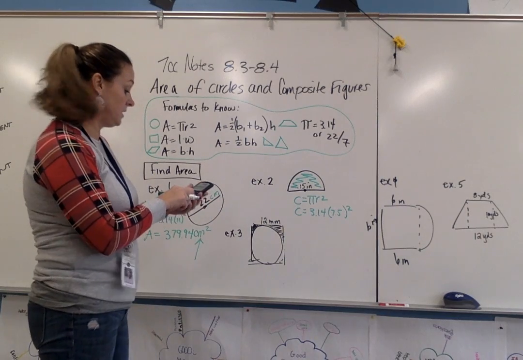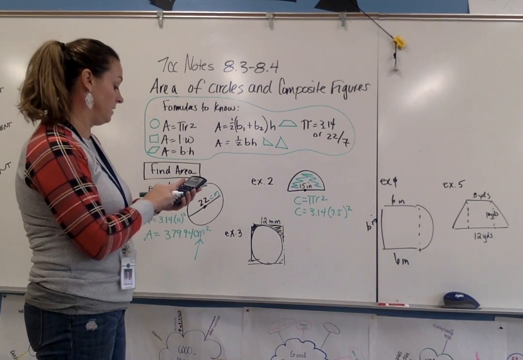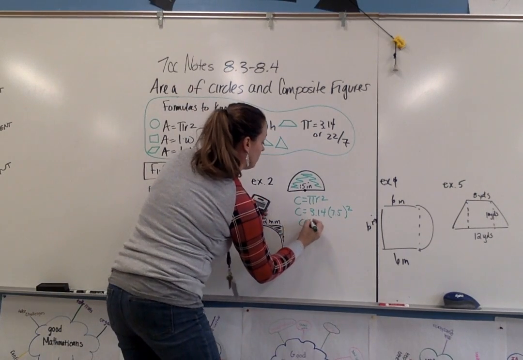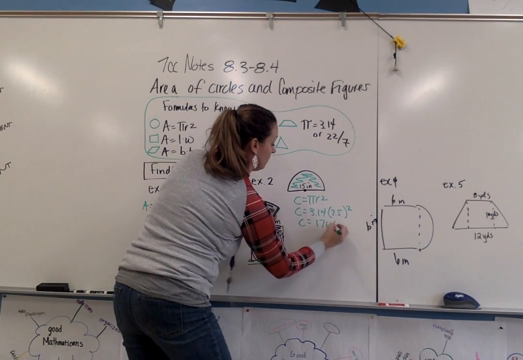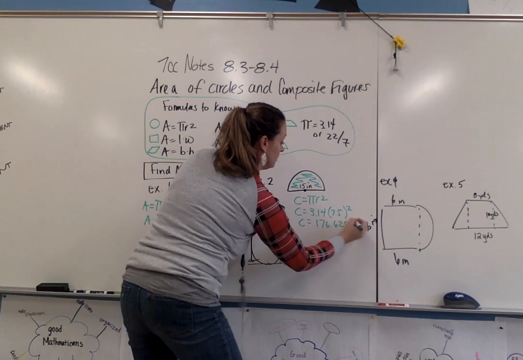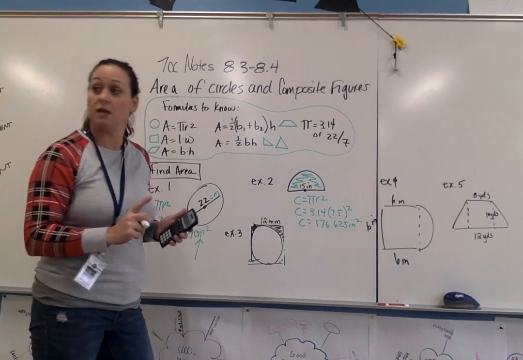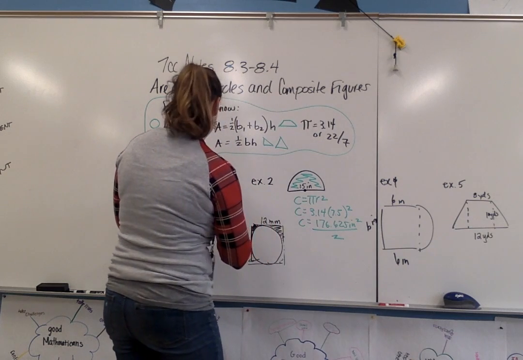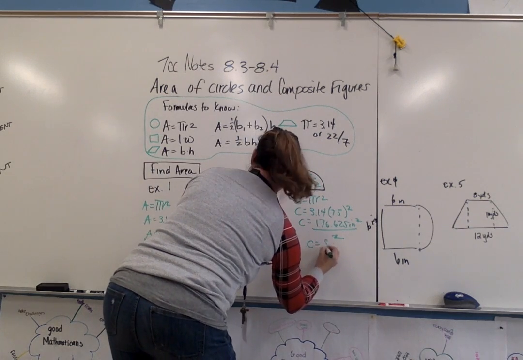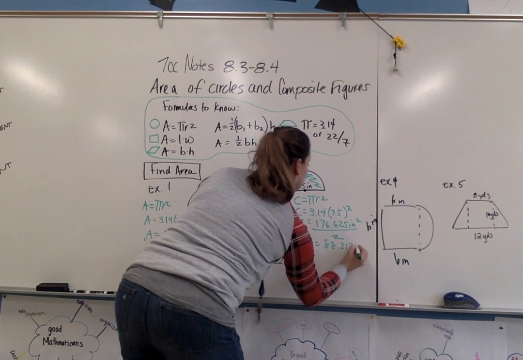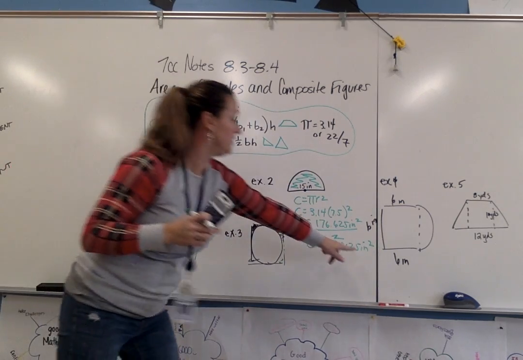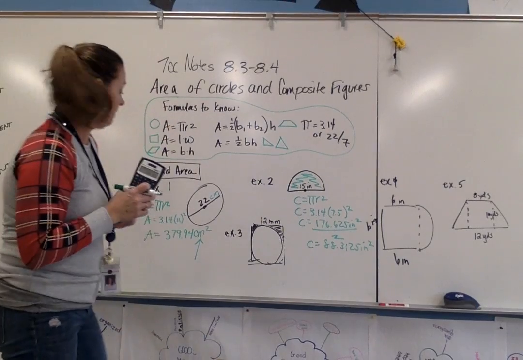I simply type in 3.14 times 7.5 times 7.5, and I get 176.625 inches squared. But because it's a semicircle, we're going to divide by 2, and my answer ends up equal to 88.3125 inches squared. I'm indicating it with the units of inches squared.